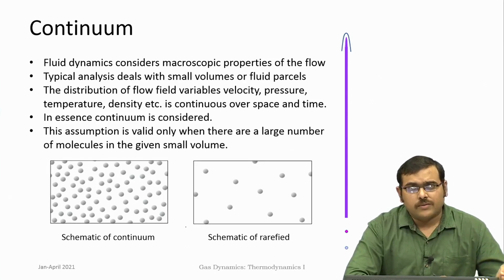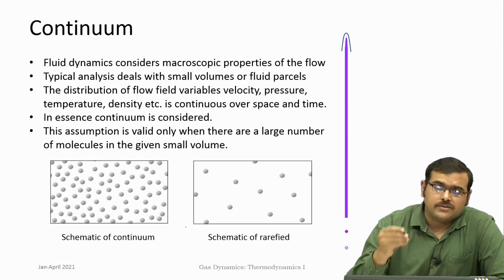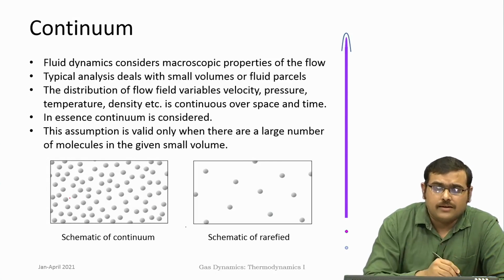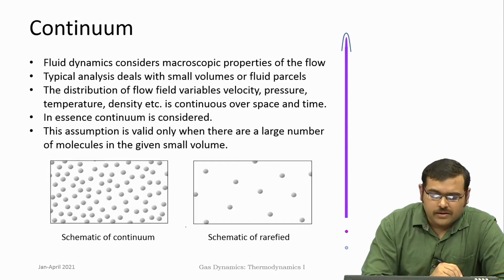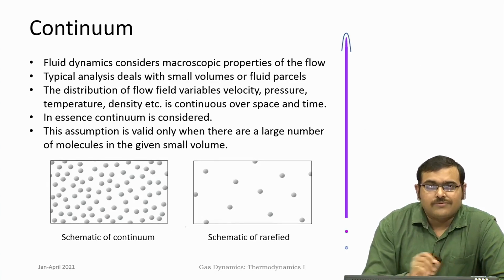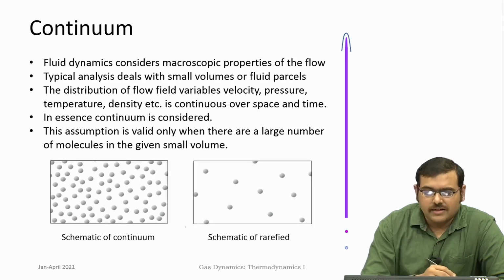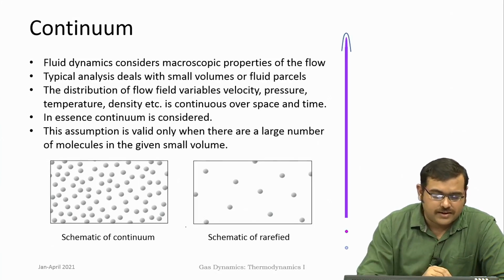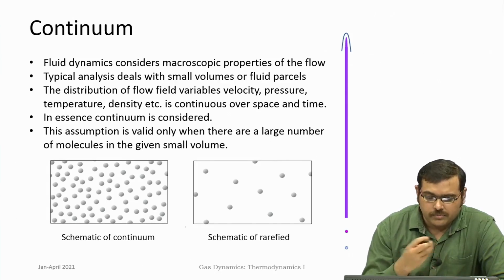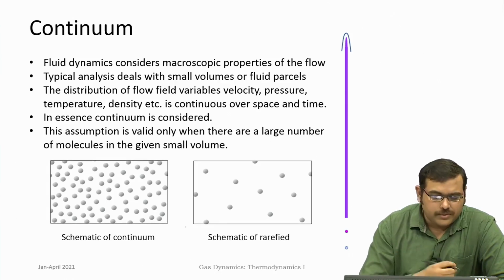Okay. So, when doing that we divide the space into small volumes, and we consider the fluid flow equations across many such small volumes or control volumes. What we do consider is that the distribution of flow field variables like velocity, pressure, temperature, density is continuous over space and time. So, essentially you are considering a continuous description, you do not go to the microscopic view of matter.